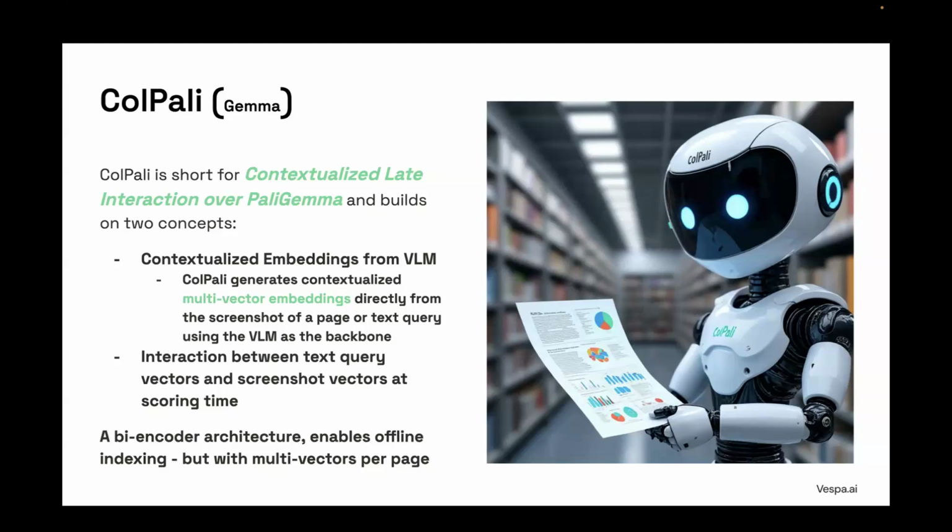It's just that they used this one in the paper that introduced this technique. And contextualized late interaction, some of you that have heard about ColBERT earlier might recognize that terminology, and it's the same technique here, that you actually have the contextualized embeddings per token.